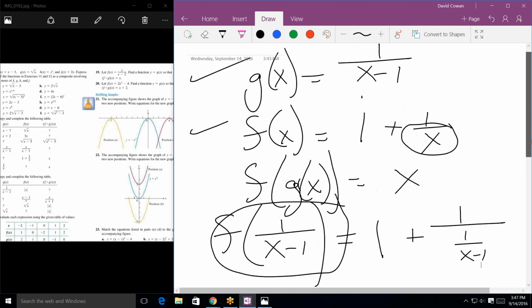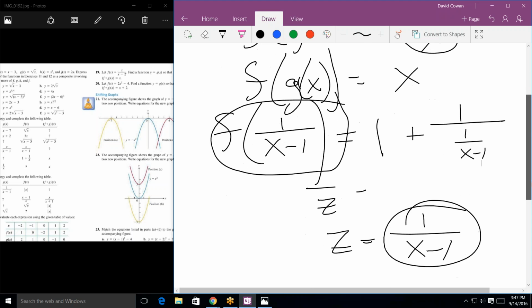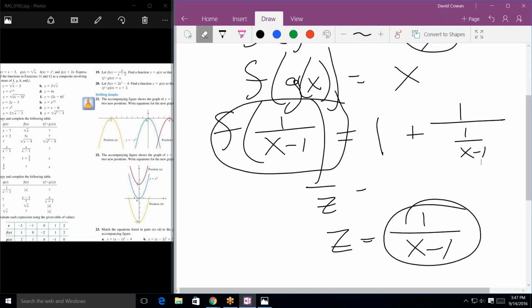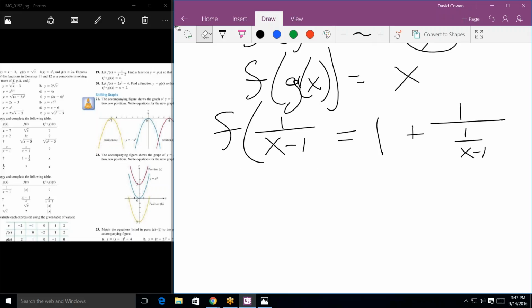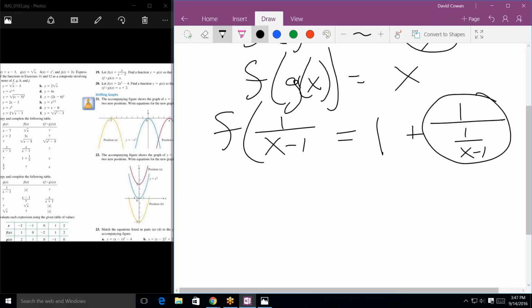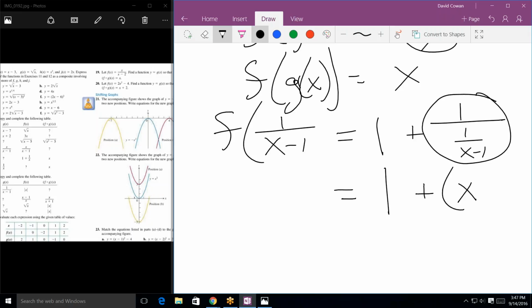Let's see if that's equal to x, because that's what we're looking for. If we simplify, I can flip the denominator and multiply. So I get 1 plus x minus 1. Well, that's equal to x. So we did it right.